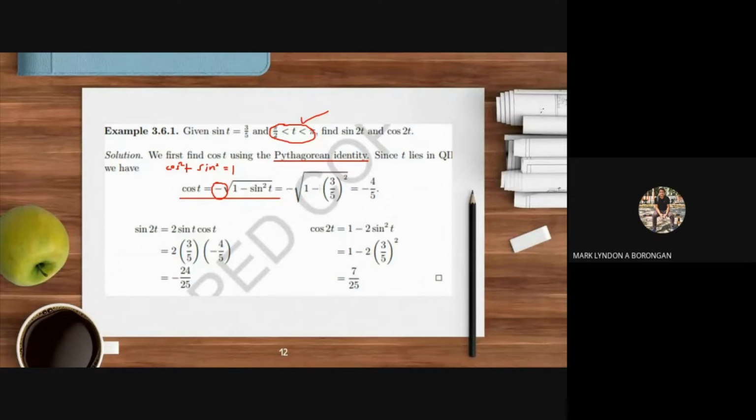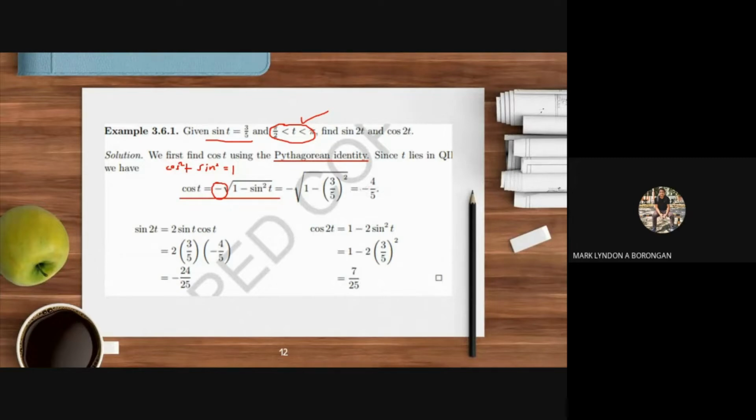Since we know sine of t, we will replace it with 3 over 5 and square it, because it is sine squared. So that will be the negative square root of 1 minus 3 over 5 squared. And after simplifying, you'll get negative 4 over 5.